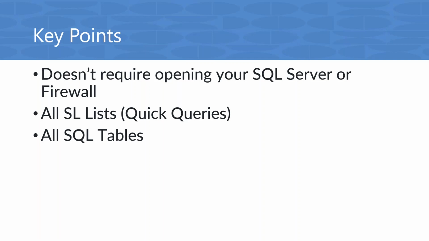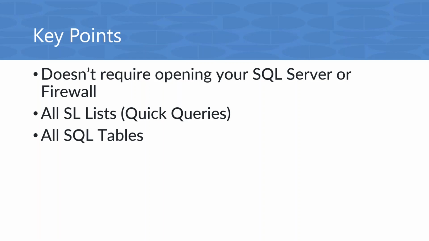Another part is that we can pull all SL lists, and I'll use that term very generically. We call everything inside of Popdock lists. So it doesn't matter if it's coming from a CSV file, a SQL statement, or an API, whether it's a REST API or something dedicated. Whatever it is, we call them lists at the end of the day.